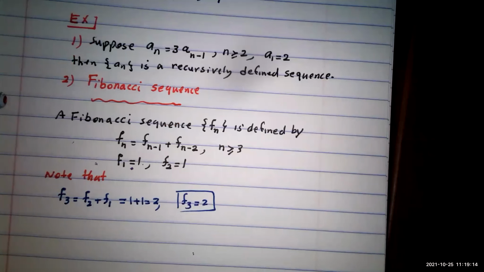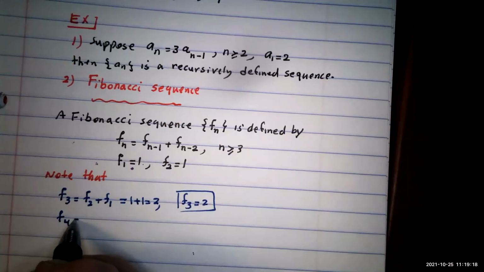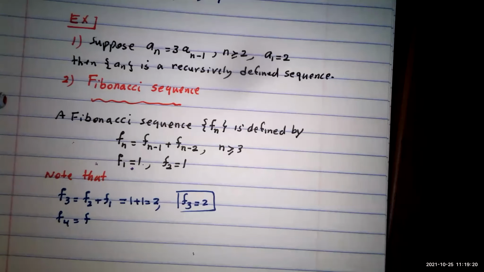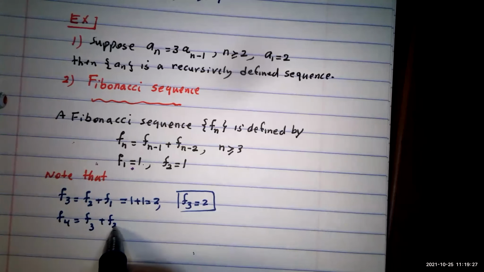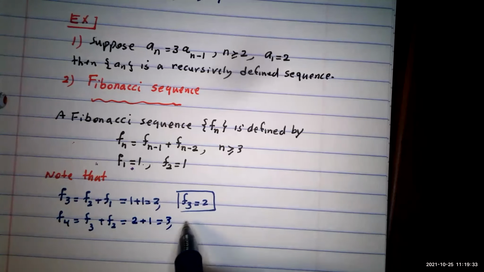Question? Let's have another one, F_4. F_4 is F_3 plus F_2. F_3 is equal to 2 and F_2 is equal to 1, so the result would be 3. So F_4 is equal to 3.